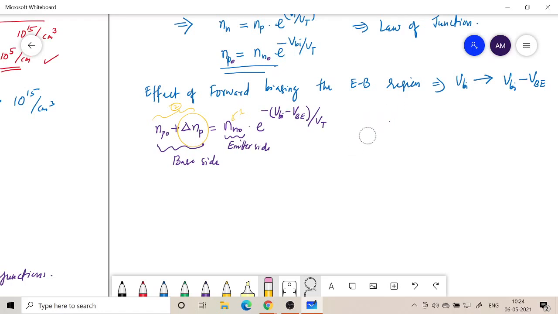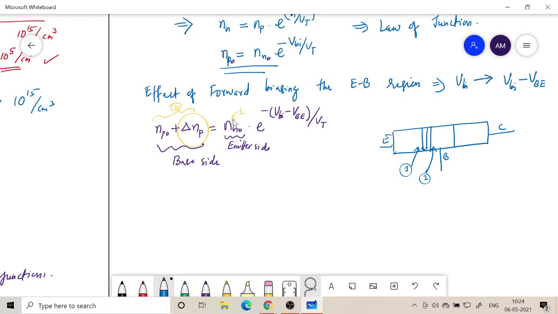Just to explain things, I have drawn the diode, but I could show it with the transistor itself. Okay, so this is my emitter, this is my base, and this is my collector. We are talking about point 1 here, and point 2 is that side.